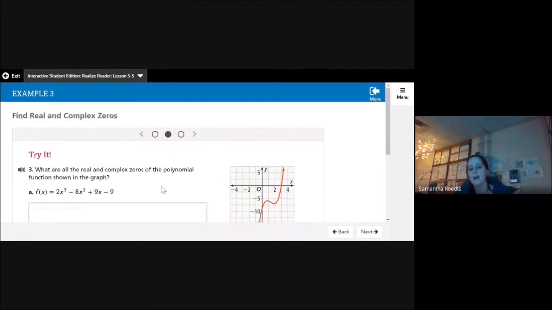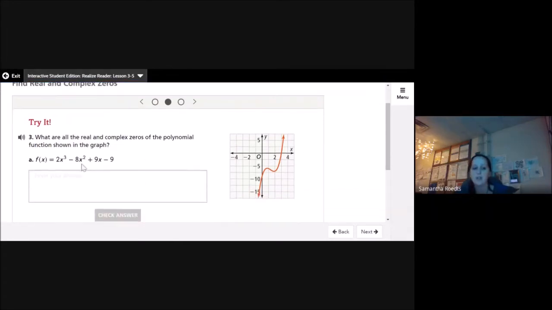What are all the real and complex zeros of the polynomial function shown in the graph? I have f of x equals 2x cubed minus 8x squared plus 9x plus 9. Well, it looks like it crosses at 3. I can always double check.